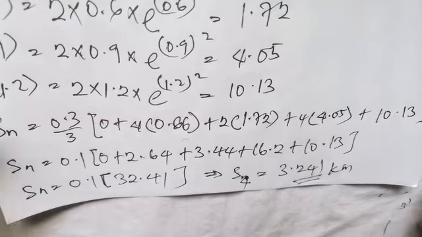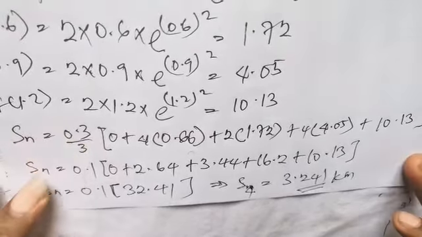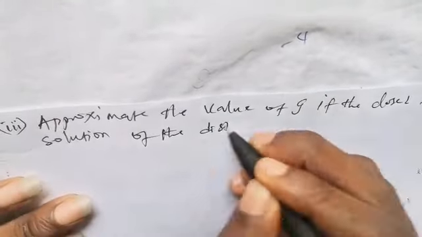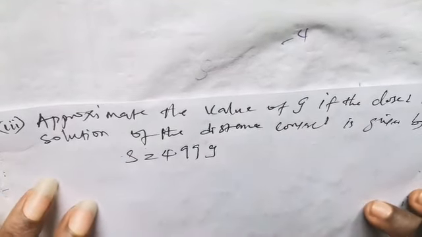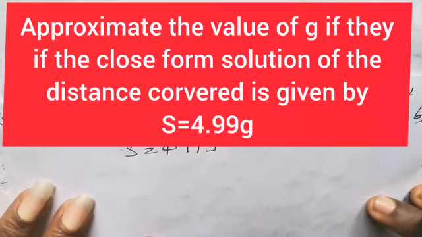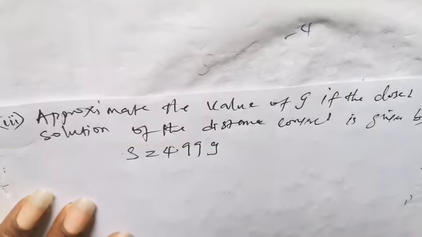Now the third question. The final question says, approximate the value of G if the closed form solution of the distance covered is given by x equals 4.99 G. It's very simple.